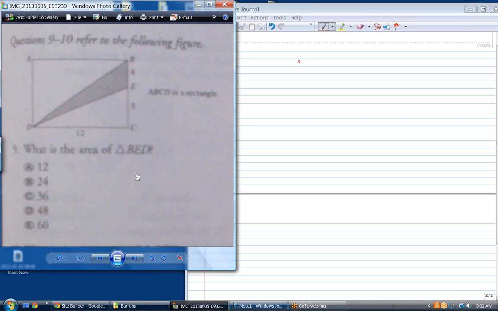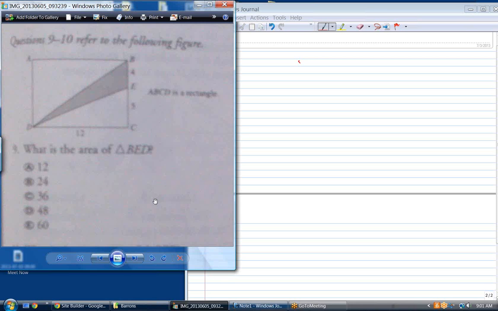So the first question is BED. What is the area of that triangle? That would be 1/2 base. And since I have the 5 and 12, the other side of that is going to be 13.